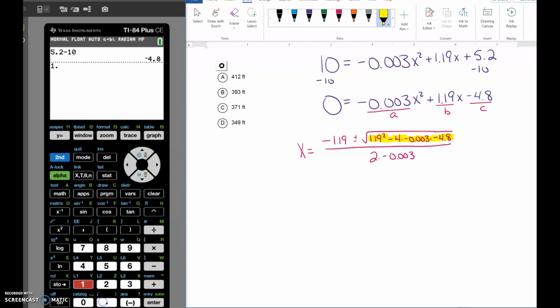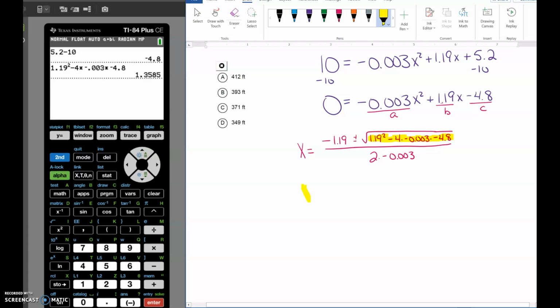So 1.19 squared minus 4 times negative 0.003 times negative 4.8.